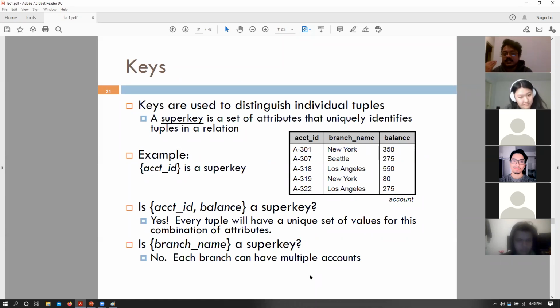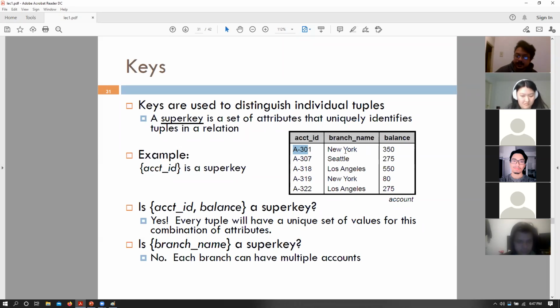So keys are essentially attributes that allow us to distinguish between different tuples. A key, or a super key, is a set of attributes that will uniquely identify your entire tuple, right? So it can be one attribute, it can be two attributes, or in this particular table scenario, it can be all three attributes.